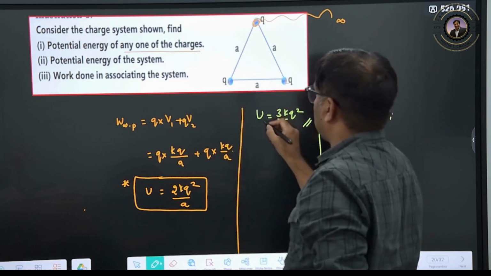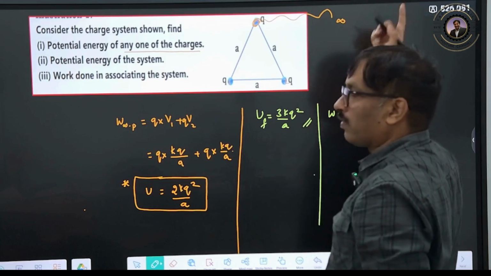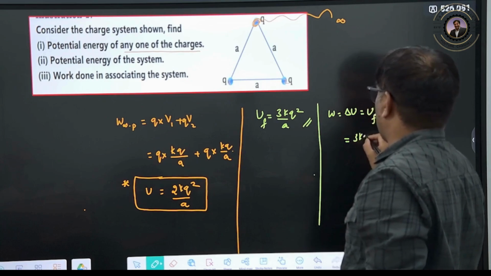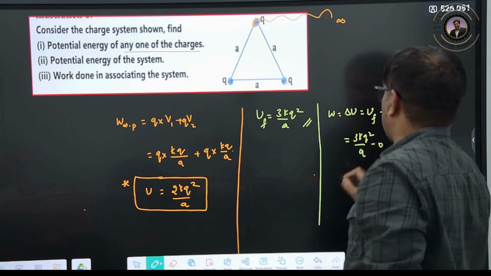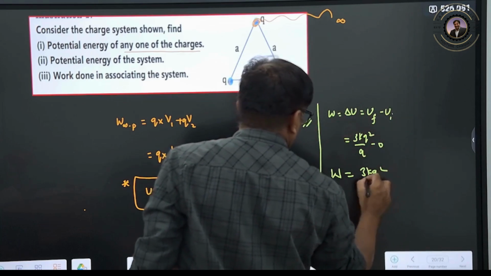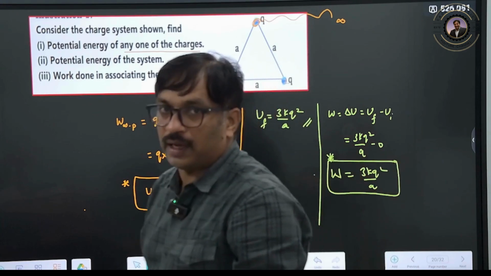So this is the final potential energy. The initial potential energy is how much? At infinity it is 0. So the final potential energy is 3KQ square by A minus 0. Therefore, the work done in arranging this is 3KQ square by A. This is your answer. Clear?